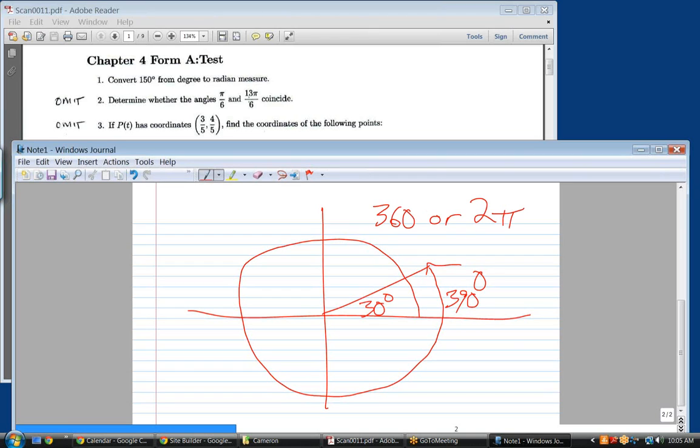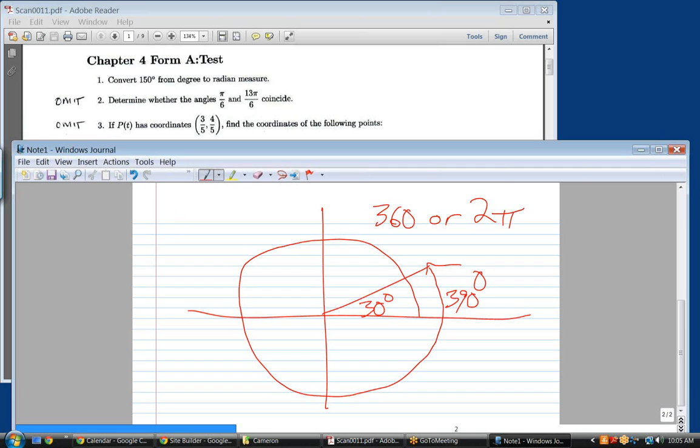Now, if I subtract 2 pi from 13 pi over 6, I get pi over 6. So that's what you always want to do with angles greater than 2 pi or 360 degrees: pull out as many 2 pi's as you can.